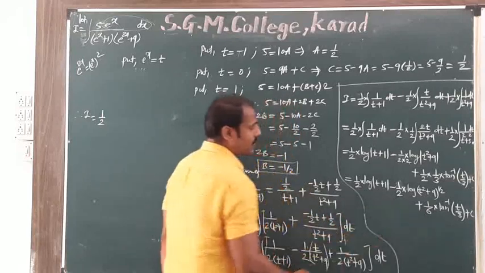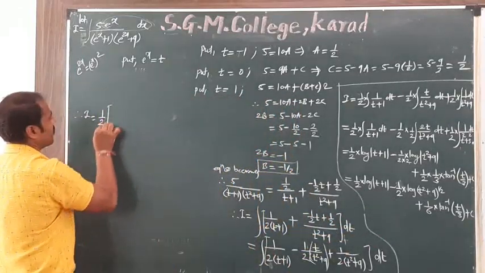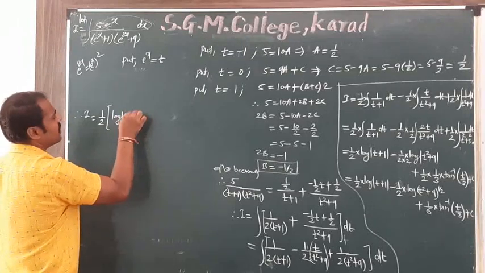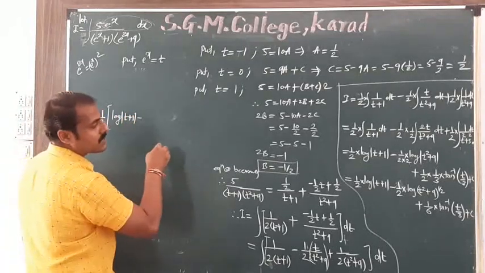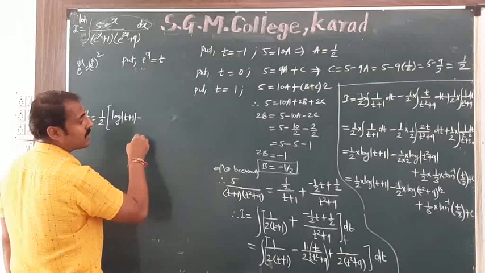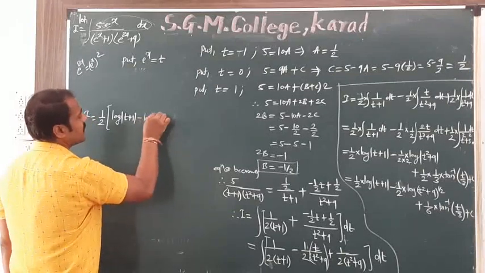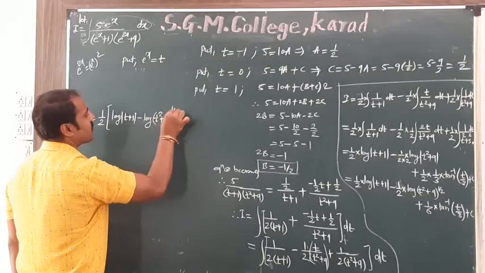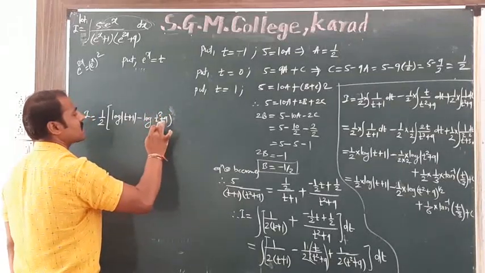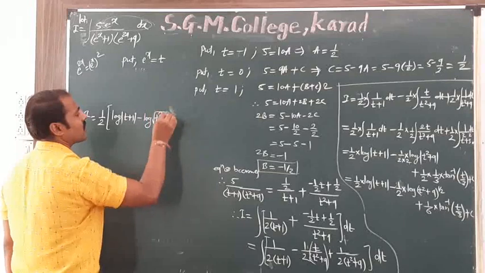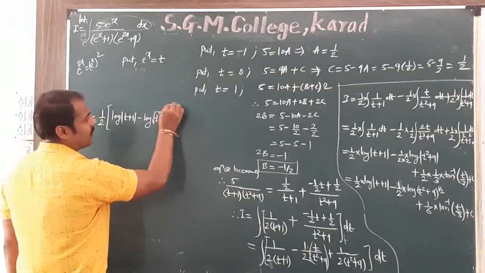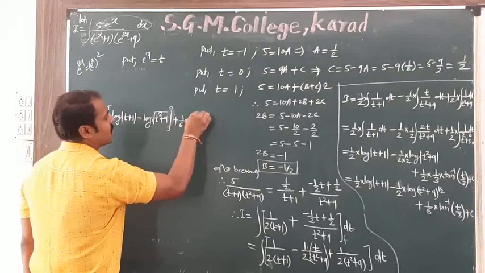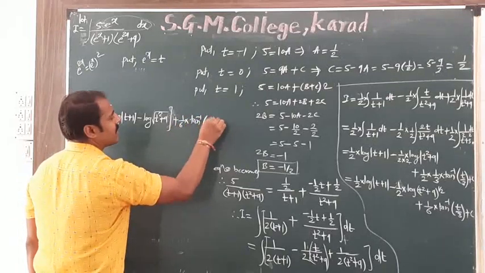Taking 1 upon 2 common, log of mod of t plus 1 minus log of t square plus 9 bracket raised to half, that is, I can put a square root for that term, root of t square plus 9, plus 1 upon 6 into tan inverse t divided by 3 plus c.